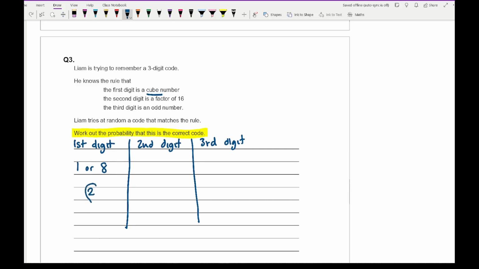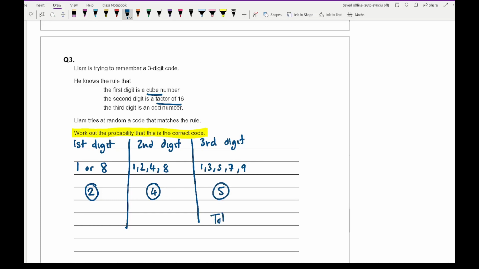So we've got a total of 2 possible numbers. For the second digit, factors of 16 that are single digit could be 1, 2, 4 and 8. So there are 4 possible numbers. And for the third digit, we're looking at odd numbers, so that's 1, 3, 5, 7 and 9. So there are 5 possible outcomes.